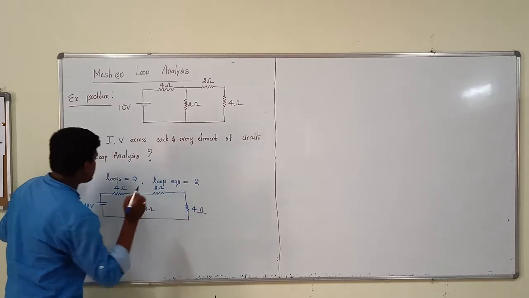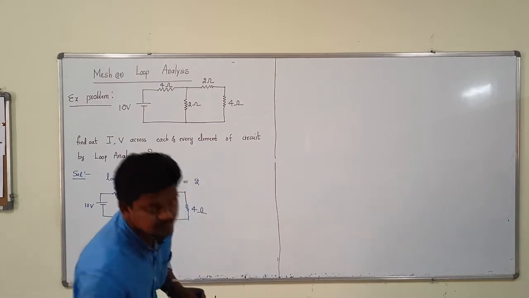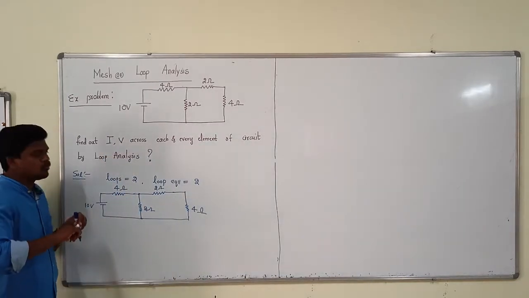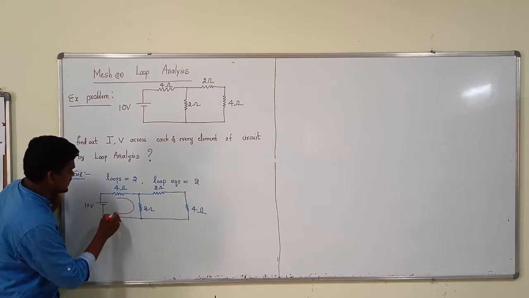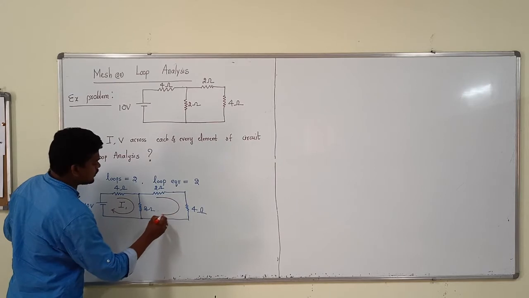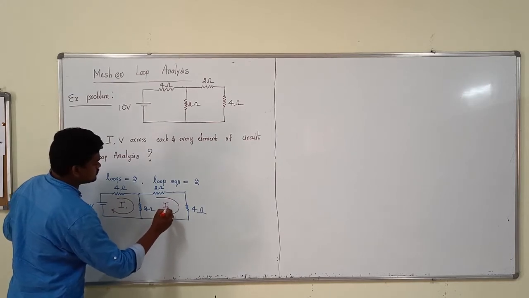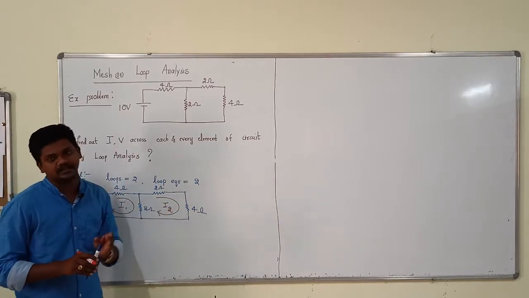The first point: we have 2 loops and 2 loop equations. Next, assume two loop currents: the first loop current is I1 and the second loop current is I2. If we had 3 loops, then we would have I3.